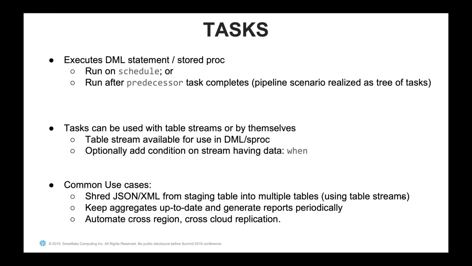But in order for me to make sure that my secondary is keeping up with all the changes that are happening in the primary, I can schedule a task, and the task will contain the logic of refreshing that secondary database on a periodic basis. Perhaps every minute it will get whatever changes are there in the primary and push them off to the secondary. That's a cool new use case that we're starting to see in the field.